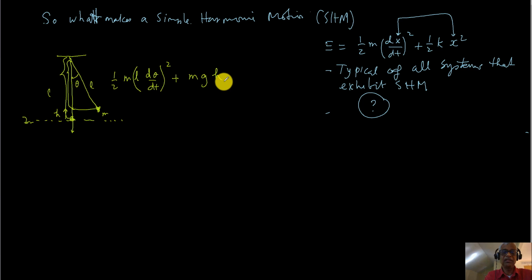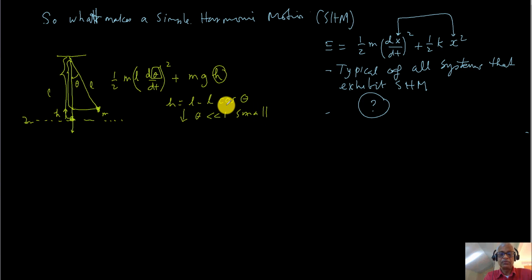So h is L minus L cosine theta. Well, this looks nothing like that. This is my x, and this can be made to look like that, but this one doesn't look like a square, except when theta is very small.